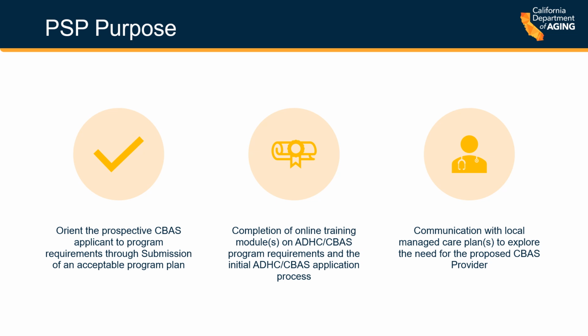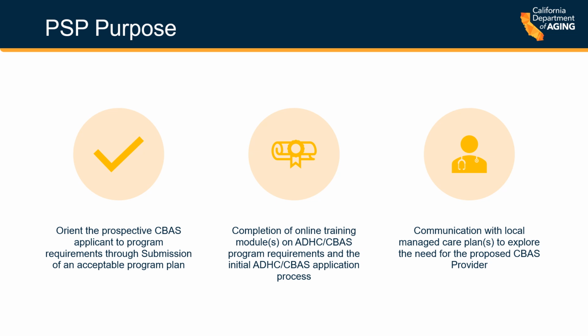The CBAS process is designed to ensure that you are well prepared to deliver quality services to Medi-Cal Managed Care Plan members, which allows your program to grow and thrive. It's designed to orient the prospective CBAS applicant to program requirements by submitting an acceptable program plan, familiarize the applicant with CBAS and ADHC program requirements and application processes, and foster communication between the CBAS applicant and local MCPs about the proposed CBAS provider.